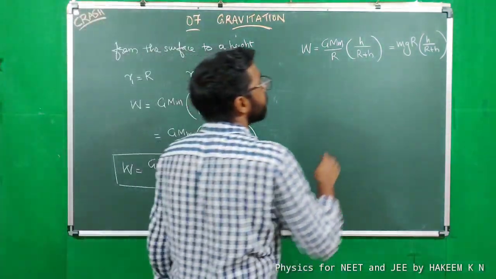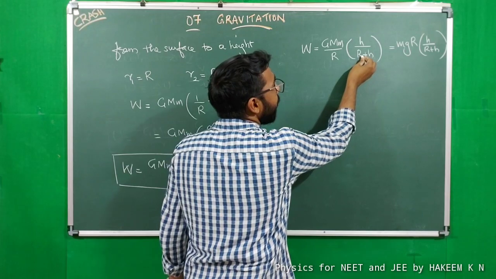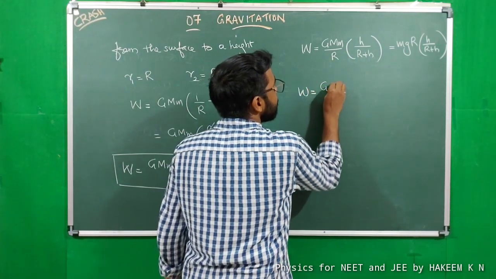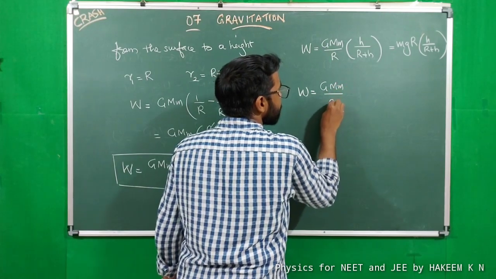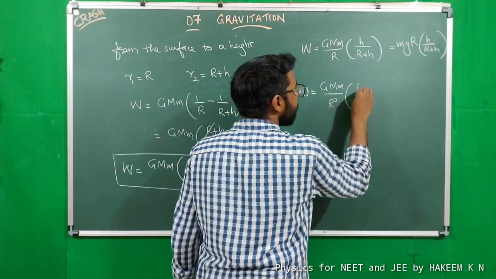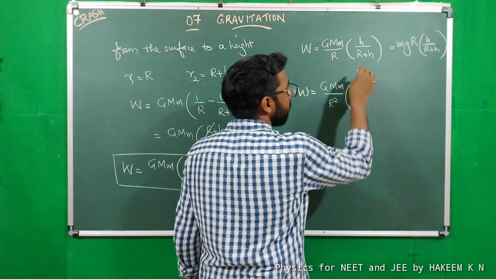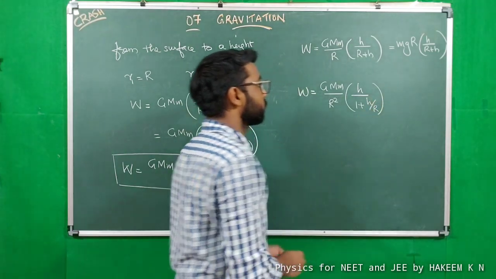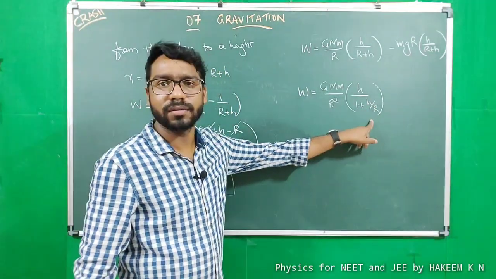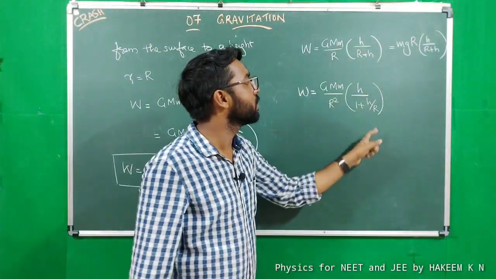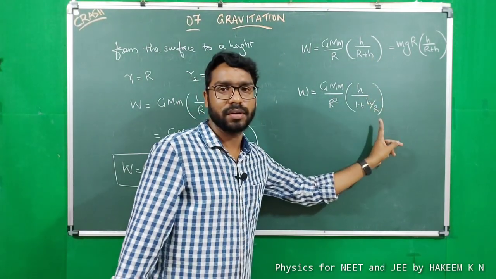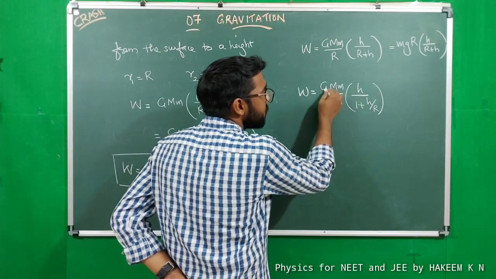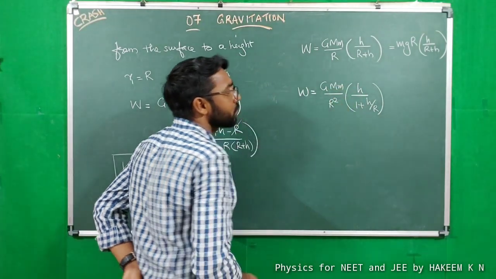Okay, now listen. Here, when I am taking one more R outside, work done W equals GMm by R square into h by 1 plus h by R. Here there is no R, so when we are taking one more R, I have to divide h with R. What is GMm by R square?